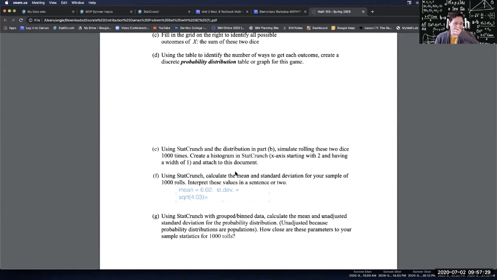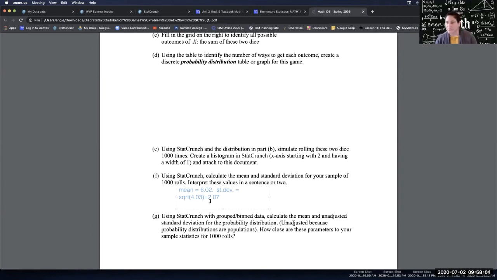So the square root of 4.03 is 2.07. Okay, so that's your standard deviation, 2.07.